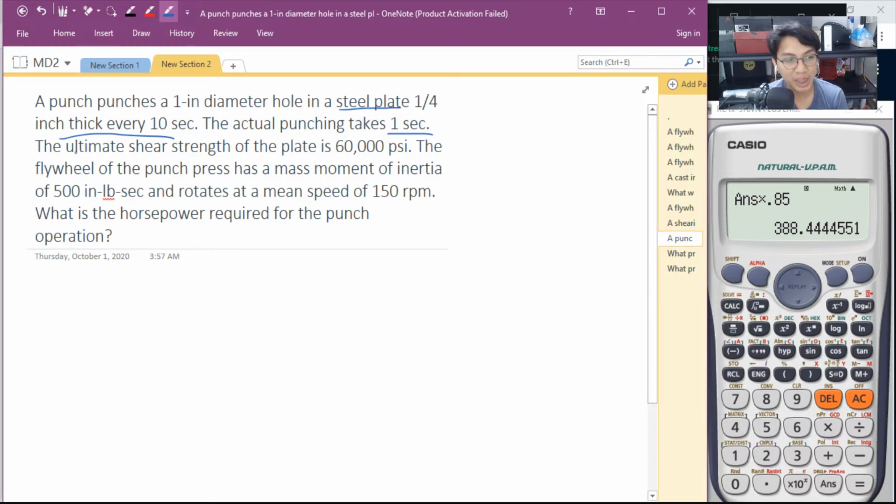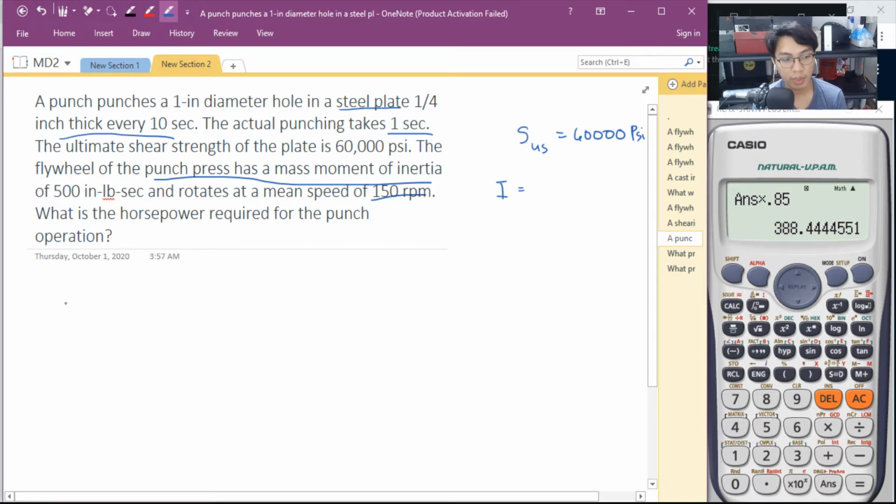The ultimate shear strength, so you're given the SUS, that is 60,000 PSI. The flywheel of the punch press has a mass moment of inertia I, which is given, disregard that, and rotates at a mean speed of 150 RPM. What is the horsepower required for the punch?